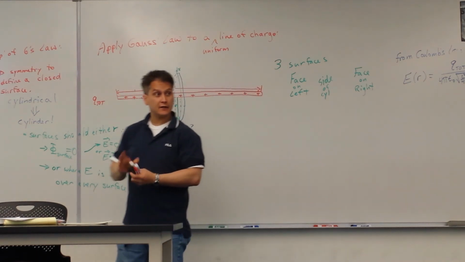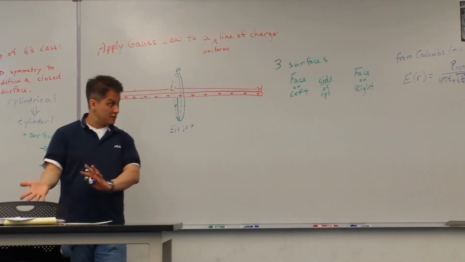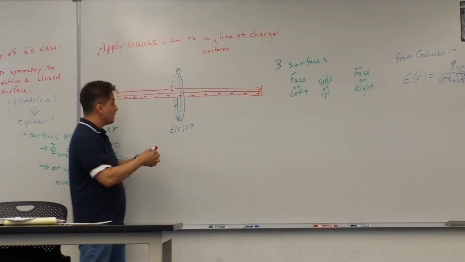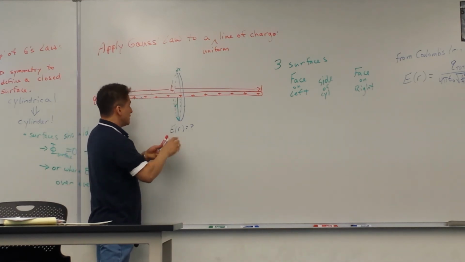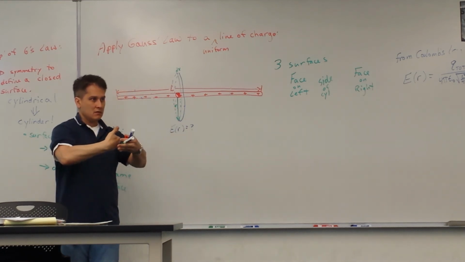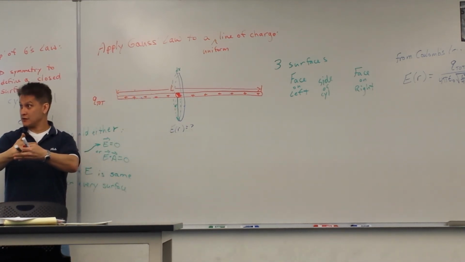So we just have to calculate the flux for each of these three regions, add them together, and they'll be equal to the amount of charge that is enclosed by that surface.